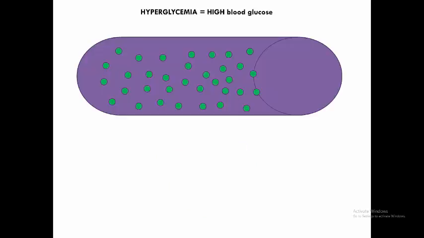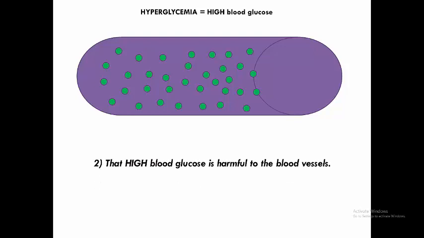Well, how does this happen? Think about this. If the key can't work in the keyhole, then all the glucose stays in the blood vessel, right? And that means it's bouncing around and banging on the walls of that blood vessel, and it's harming them. It also means none of it's moving into the cells.